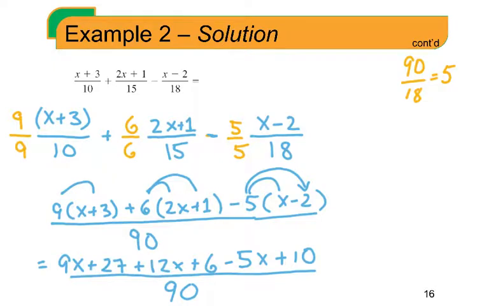We want to combine like terms. So I have 9x plus 12x minus 5x, which you can do in your head or with a calculator. That should be 16x.